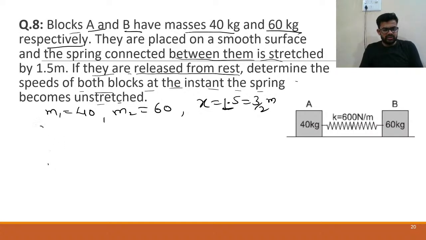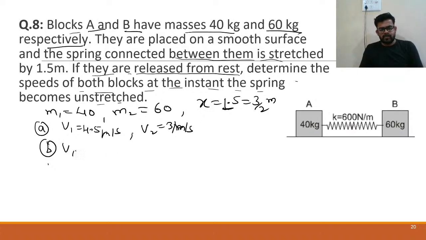I am giving four options. Option A: V1 is 4.5 meter per second and V2 is 3 meter per second. Option B: V1 is 3 meter per second and V2 is 4.5 meter per second.